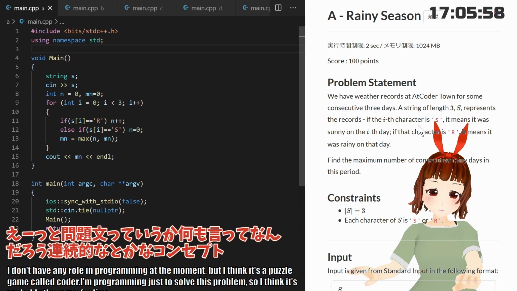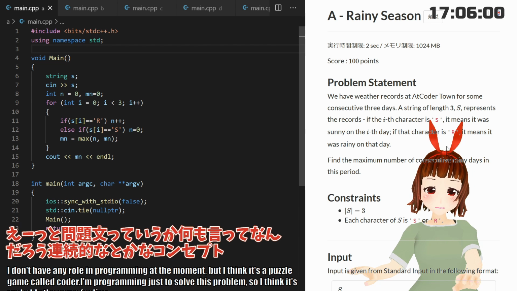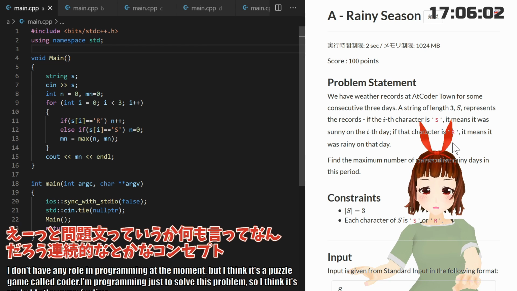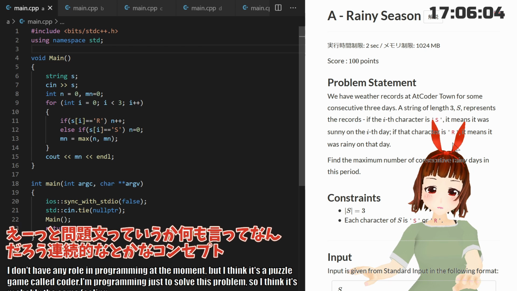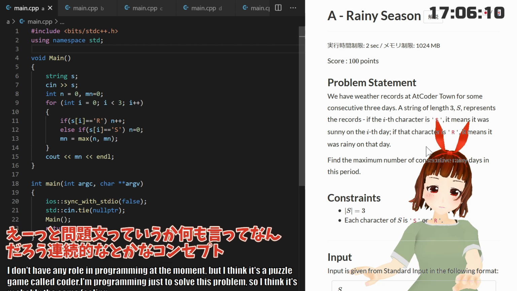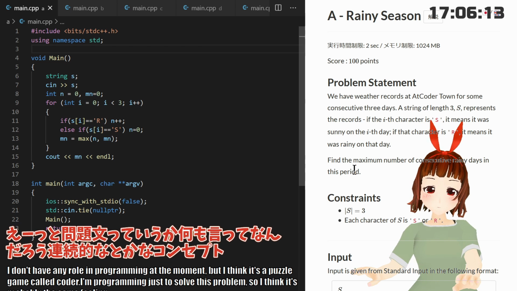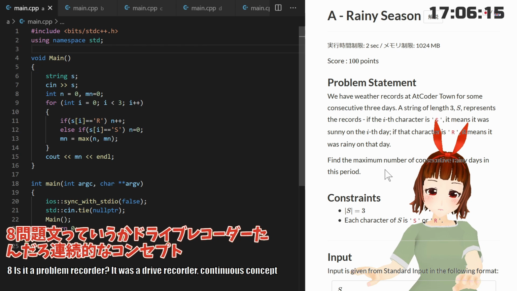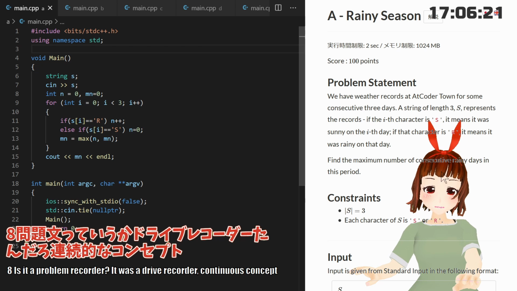If the i-th character is S, it means it was sunny on the i-th day. If that character is R, it means it was rainy on that day. Find the maximum number of consecutive rainy days in this period.